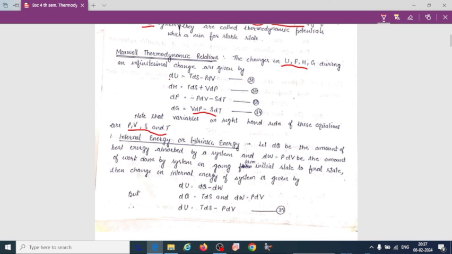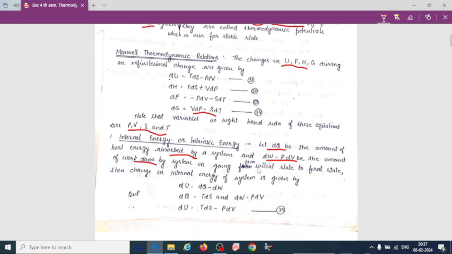Internal energy, or intrinsic energy. If you want to derive this equation, let us consider dQ to be the amount of heat energy absorbed by the system and the work done, dW equal to P dV, to be the amount of work done by the system in going from the initial state to the final state.